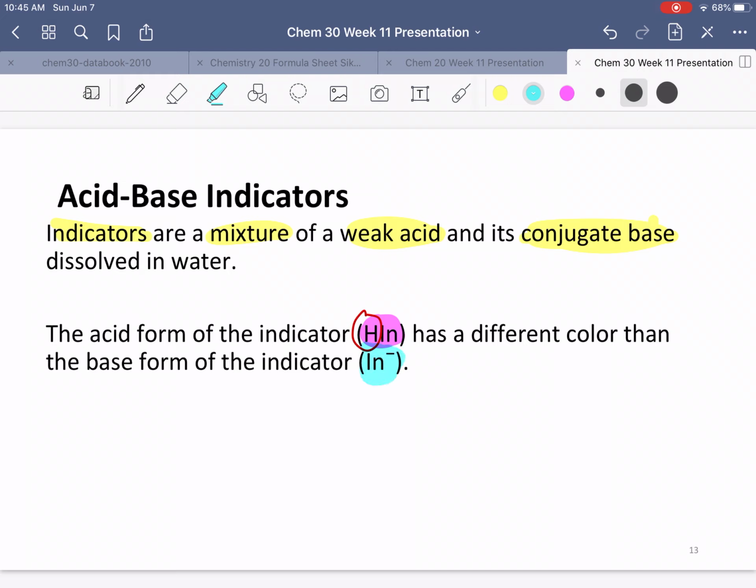This is just a general formula, if you will. This one has the ability to accept a proton with its negative charge. Hence, it is a Bronsted-Lowry base. And as I mentioned before, the key distinction here is there's a color difference between the two. That's what makes indicators so useful from a qualitative analysis perspective.